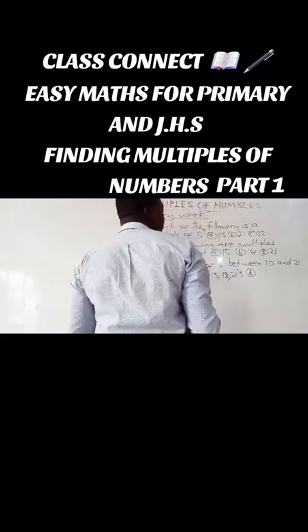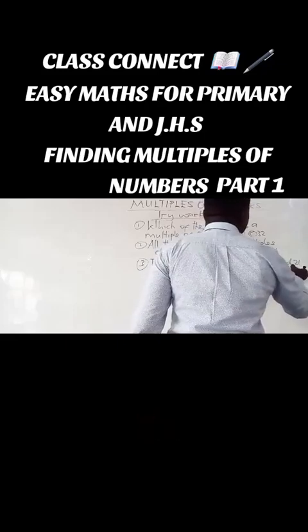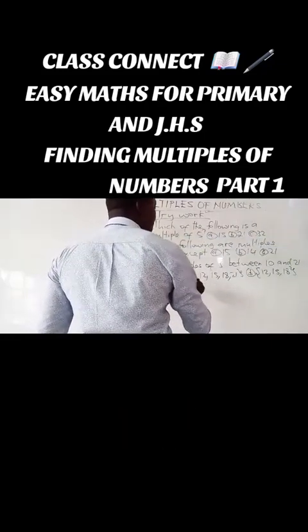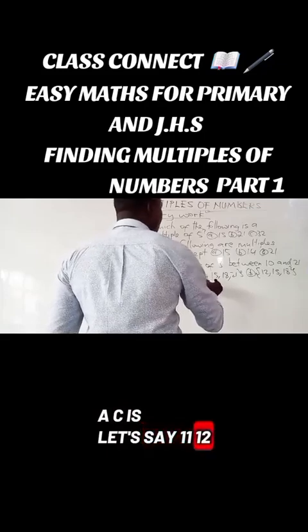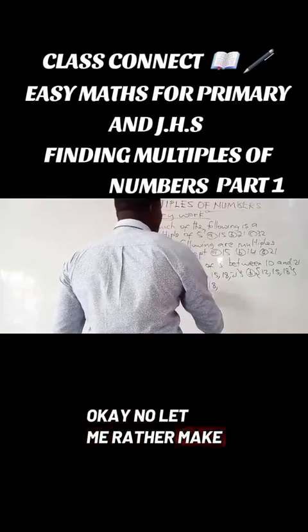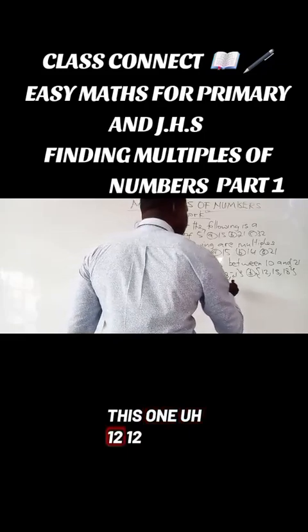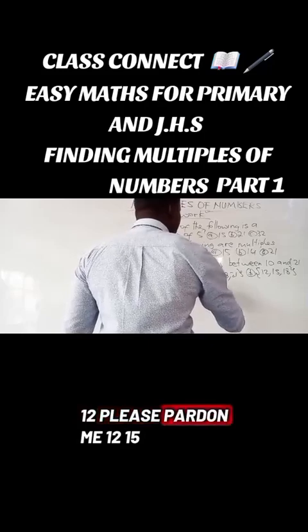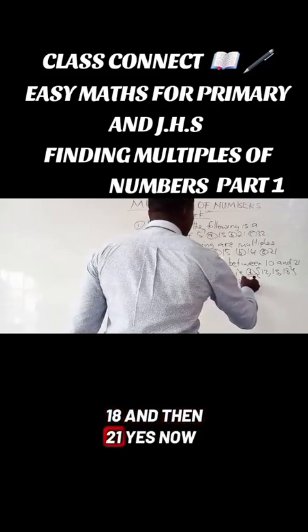B, 12, 15, 18. And then C, let me rather make this one 12, 15, 18, and then 21. I want to trick you small.